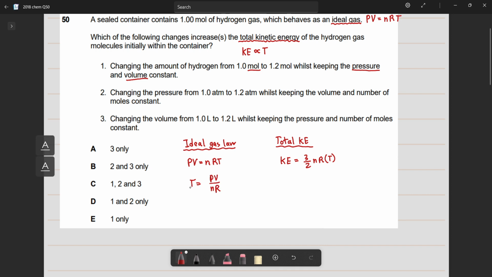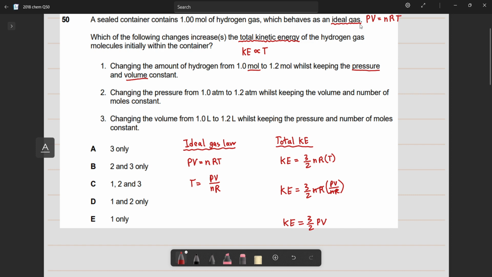Substituting this in place of T, KE equals 3/2 nR times PV by nR. The n and R cancel out, and I'm left with the expression KE equals 3/2 times pressure times volume.